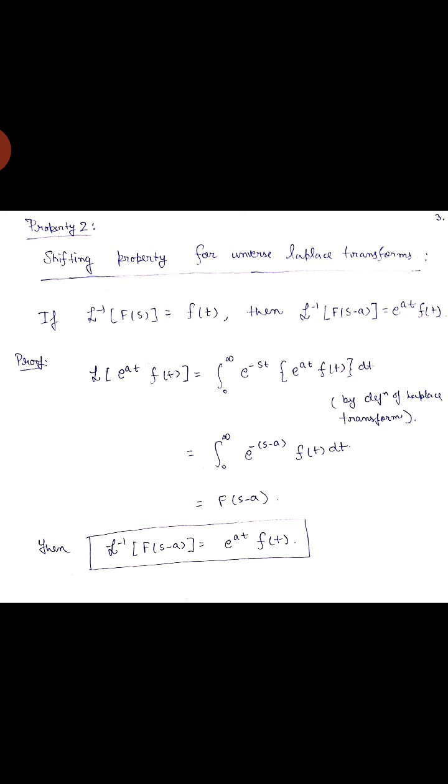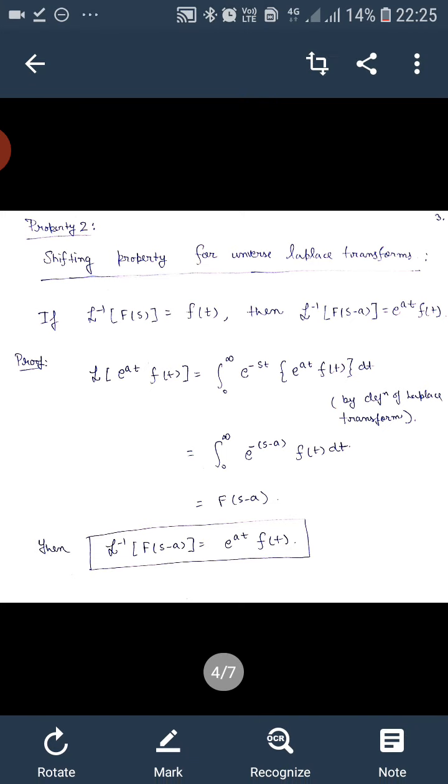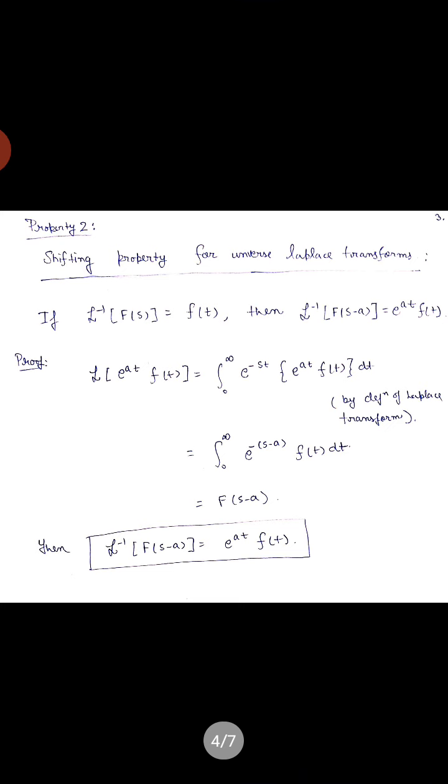I can rewrite this as the integral from 0 to infinity of e raised to the power minus (s minus a) t times f(t) dt, which is nothing but the function capital F of s minus a. So the inverse Laplace transform of F(s minus a) is equal to e raised to the power at f(t). This is known as the shifting property for the inverse Laplace transform, and we are going to use this shifting property to solve some kinds of problems.